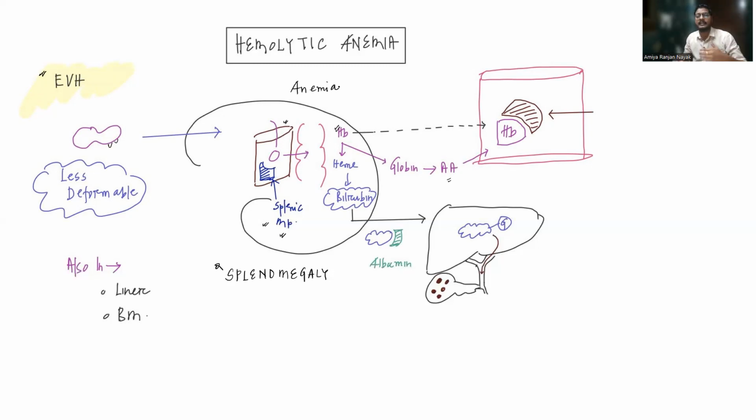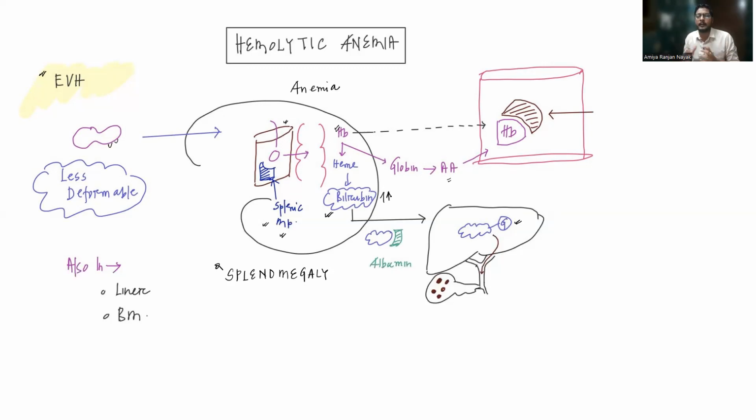Because there is increased destruction of the RBC, there will be increased hemoglobin release, increased metabolism of hemoglobin, that will cause increased bilirubin production. Now, what will happen to this bilirubin? This bilirubin will go to the liver by binding to albumin, and inside the liver it will undergo glucuronide conjugation, and after that it will go into the biliary system. Now, in extravascular hemolysis, there is excessive production of bilirubin.